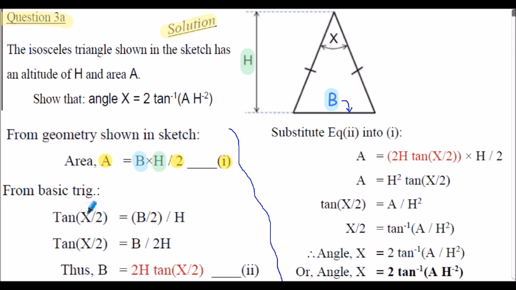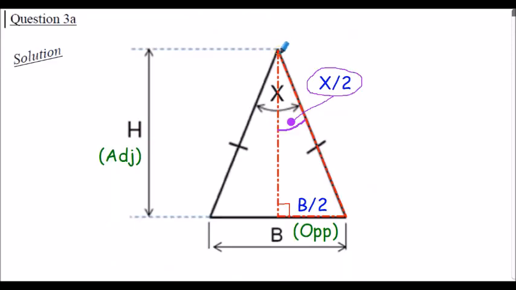And from basic trig, tan of angle x divided by 2, so half of this angle, is equal to the base divided by 2 divided by height h. Here's a more detailed diagram to illustrate the right-angled triangle we're considering here, in yellow. So here's angle x divided by 2. Here's the opposite side, b divided by 2. And here's the adjacent side, the height h.